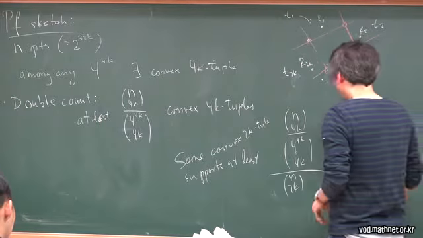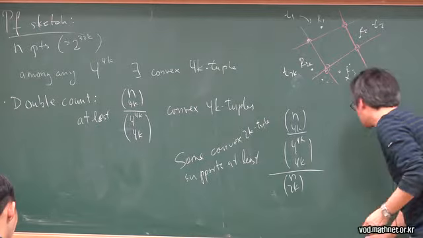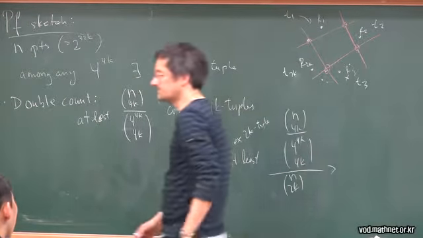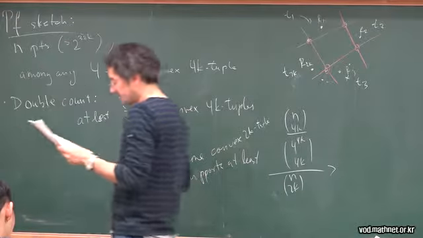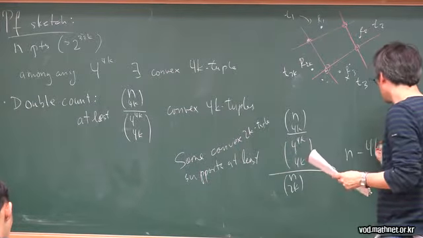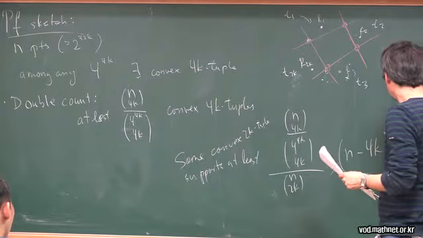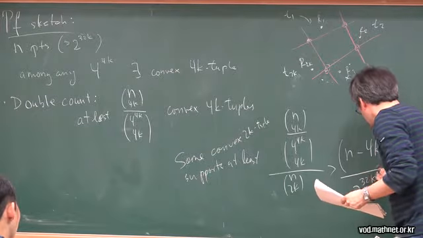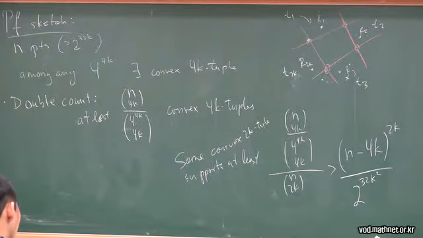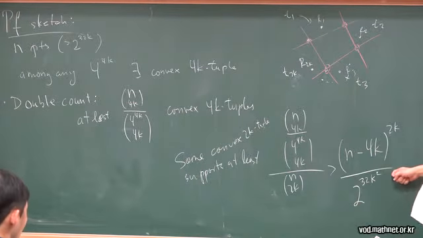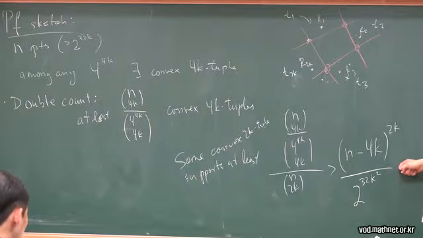Okay, so the product of these Ti's. Here I need to do some estimate. This is going to be greater than... okay, so here you need to do your estimates of binomials and so on. You'll get that there's a 2k tuple that supports at least this many things.